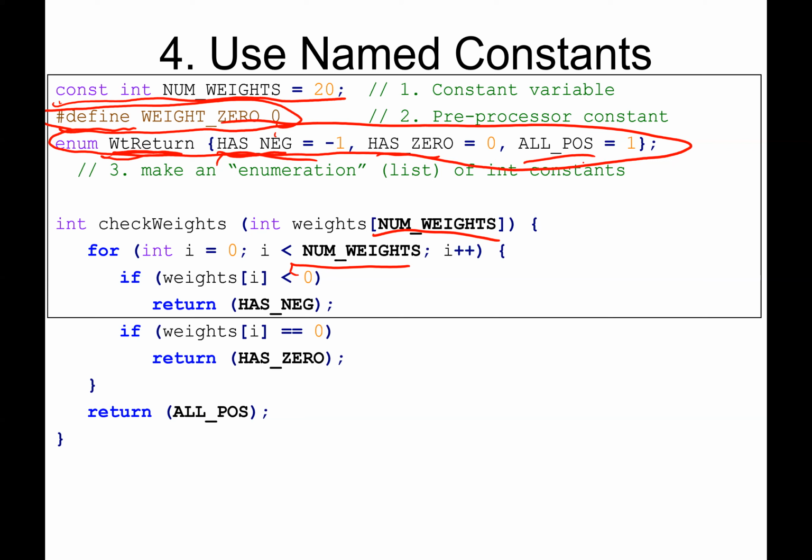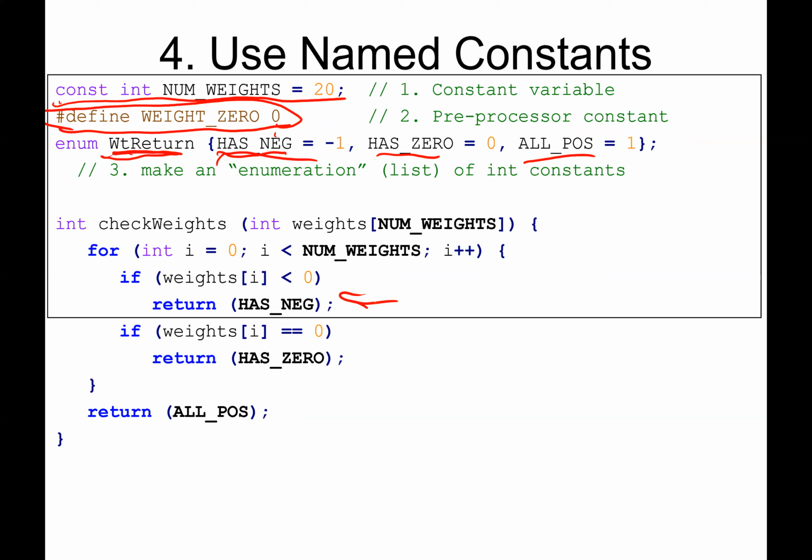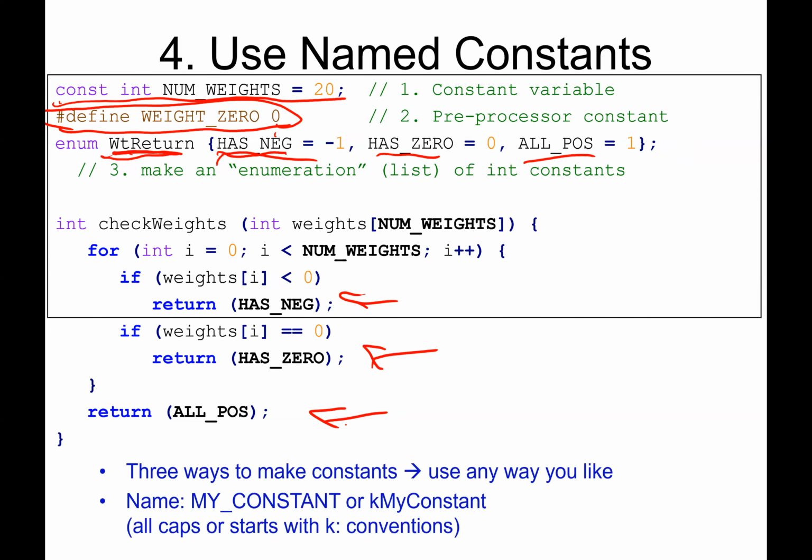Now I can use those names instead of the magic numbers 1, -1, and 0, and the meaning of the code becomes clear. I can return has negative if any values are less than 0, has 0 if anything is 0, and all positive if that isn't the case. That's actually better than a comment. I should still comment the function, but this is better because these symbolic names make my logic clear.